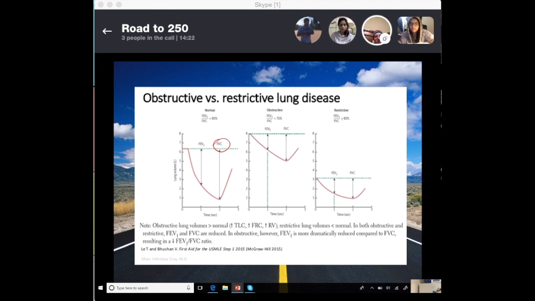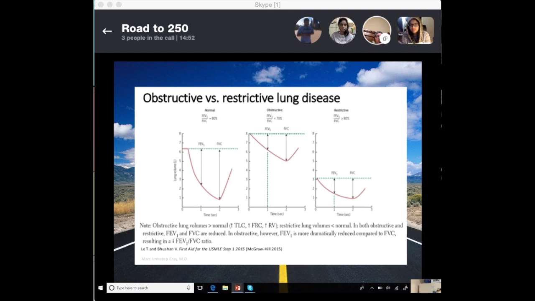What's our FEV1 though? What does this mean? Amount expired in 1 second. Right. We exhale the majority of our exhalation within the first second, and then the rest is kind of trickling down. But normally we have an FEV1 to FVC ratio of 80% or greater.